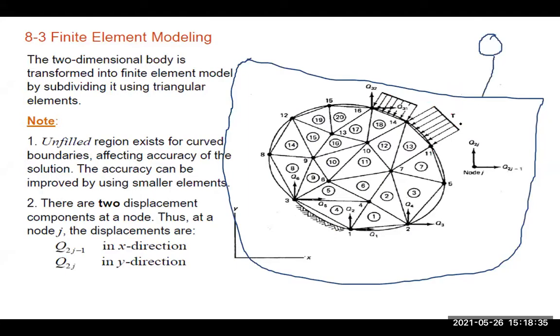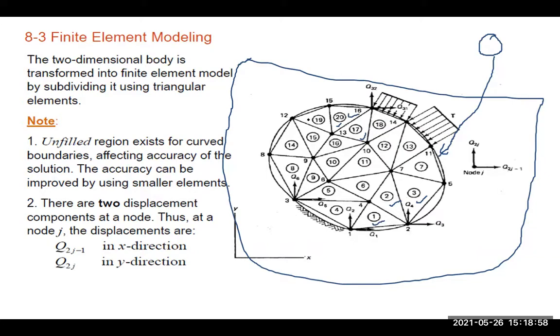The circle is discretized into a number of triangles. If you see here, triangle number 1, 2, 3, and like that up to the maximum number I have put down, 20. So I have divided the entire circle into 20 different triangles.